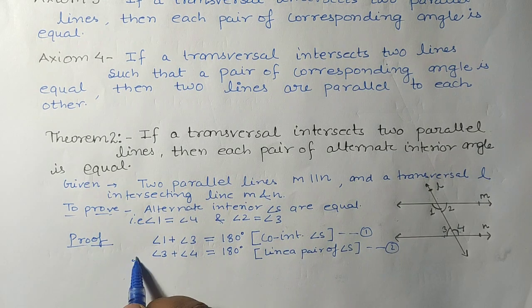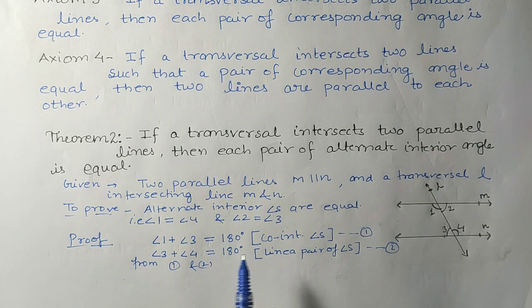So from 1 and 2 we can see that the right hand sides of both of the equations are equal. So we can write here that angle 1 plus angle 3 is equal to angle 3 plus angle 4.